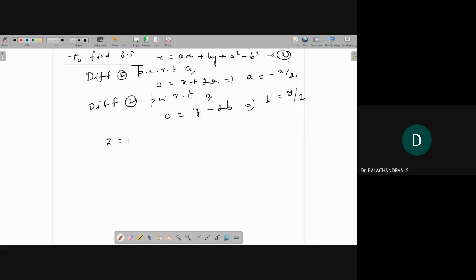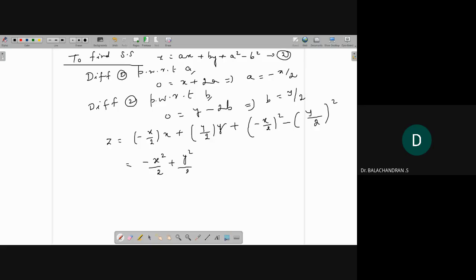So z equal to a, which is minus x by 2, into x, plus b, which is y by 2, into y, plus minus x by 2 whole square minus b square, y by 2 whole square. To simplify this, you will get z equal to minus x square by 2 plus y square by 2 plus x square by 4 minus y square by 4.